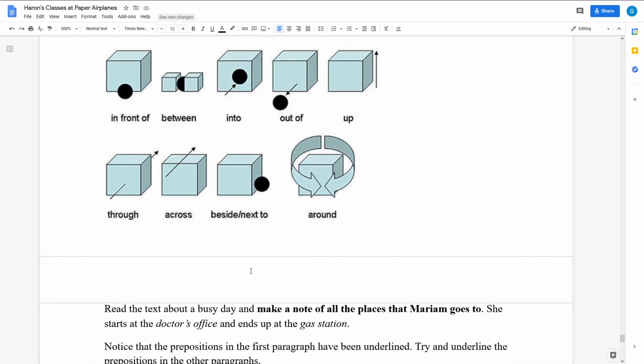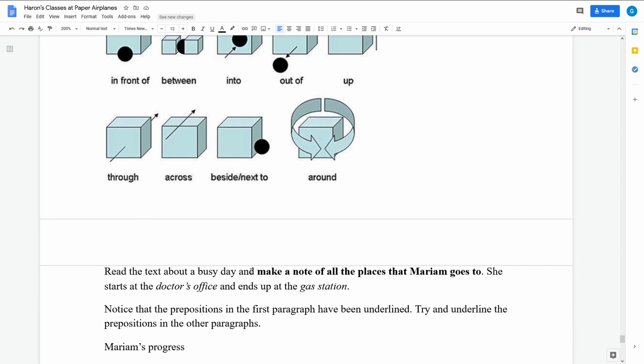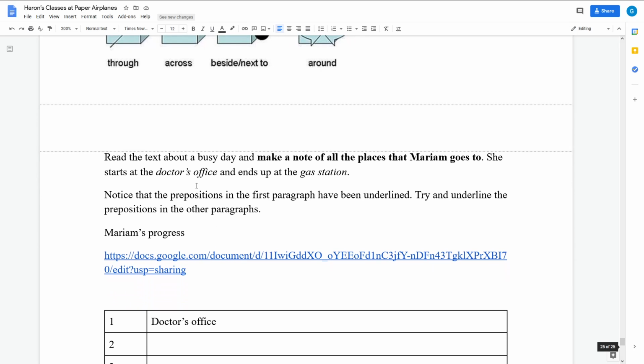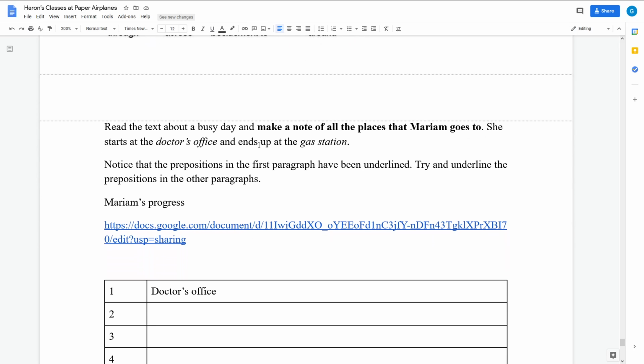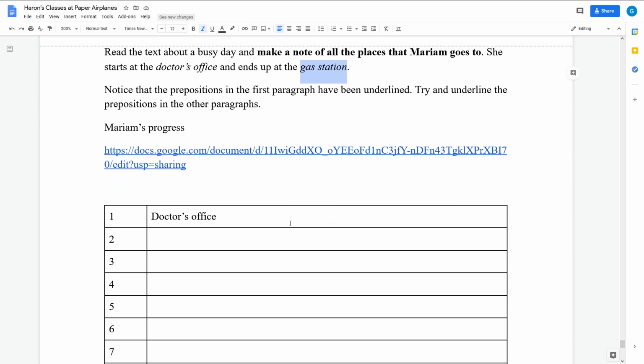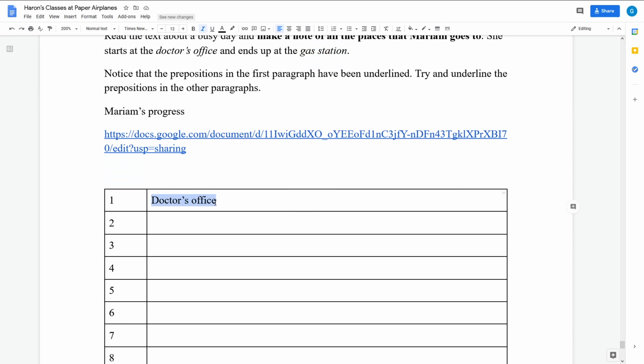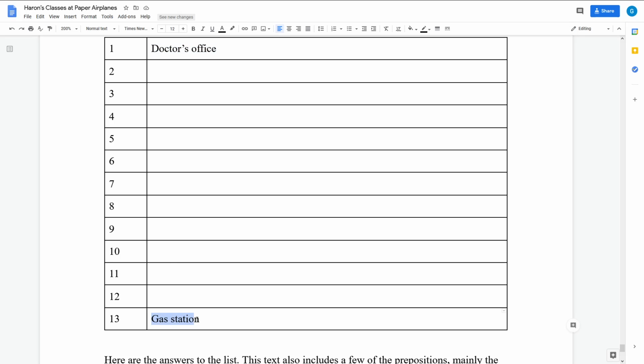What I want you to do is to read a text which contains prepositions. Can you read the text about a busy day and make notes of all the places Miriam goes to? She starts at the doctor's office and ends at the gas station. Doctor's office. Gas station.